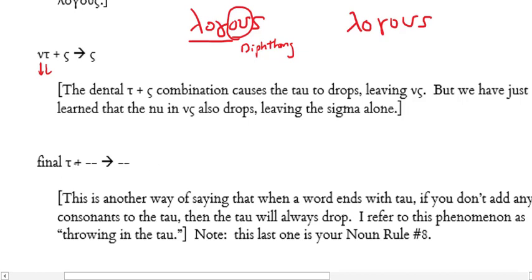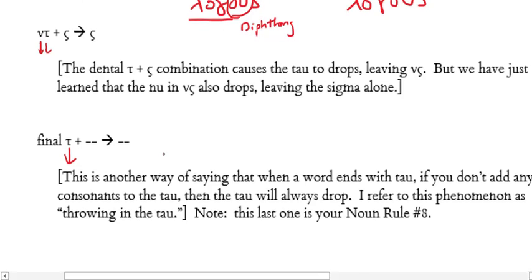And then the final tau plus no case ending, a final tau all by itself, what happens? Well, the tau falls out. I call this throwing in the towel. Okay? Greek throws in the tau. If the tau's at the end of a word and there's no case ending and it's still at the end of the word, throw in the tau. It's gone. It's out.